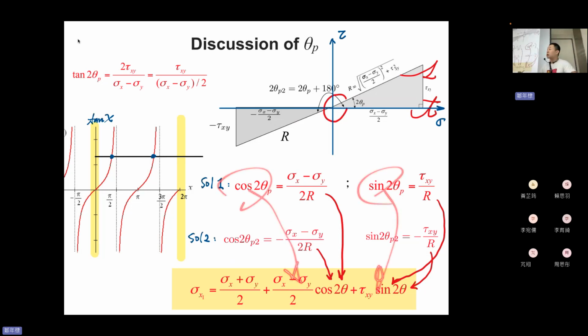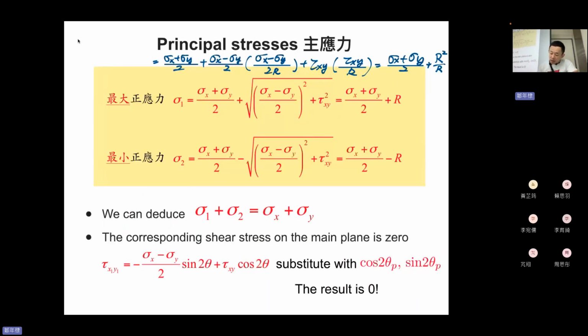We substitute these into the formulation and get sigma x1 at that plane, which means the maximum or minimum normal stress. We call these the principal stresses, sigma 1 and sigma 2. Sigma 1 is the biggest one, and sigma 2 is the minimum. And then we notice that this is sigma average plus R, and sigma average minus R.